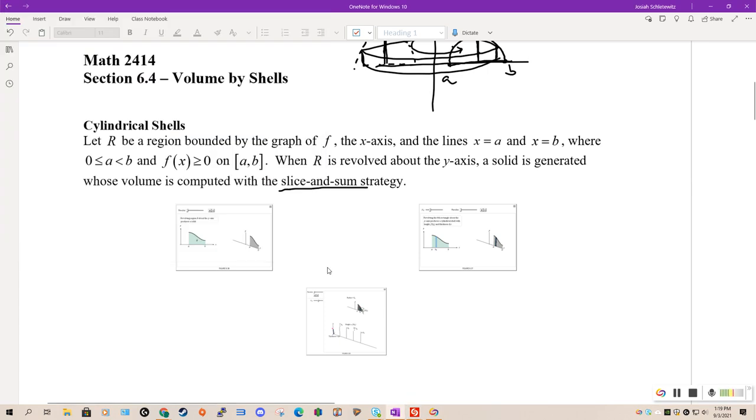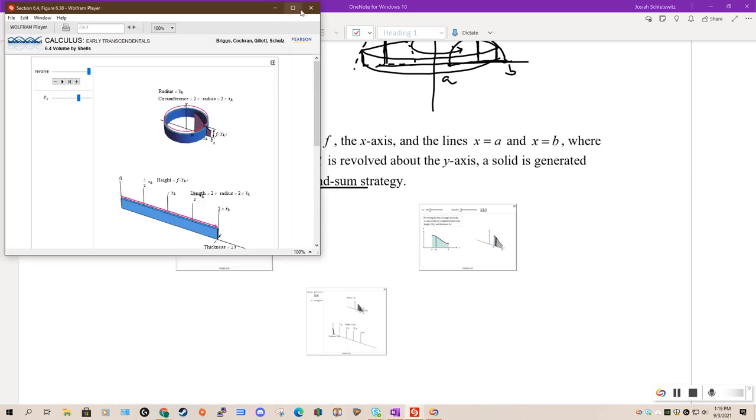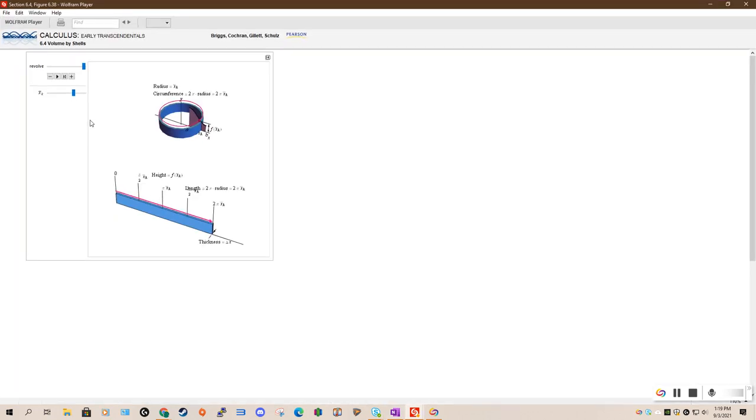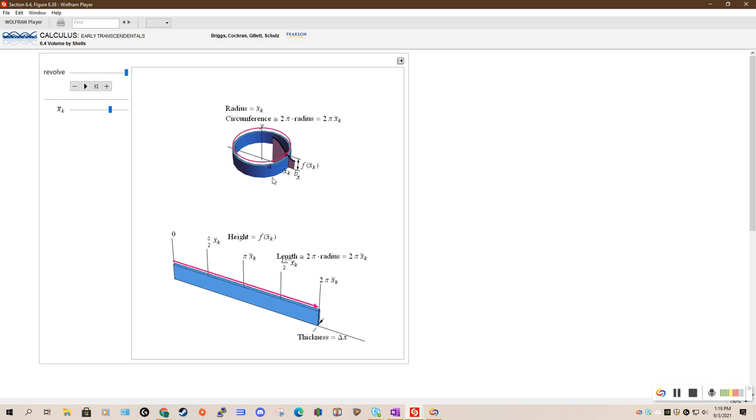Then we'll take a look at this last one here for this particular section. How do we find the volume of this cylinder and add those volumes together? We're going to use the surface area and the thickness. What is the surface area of this cylinder?